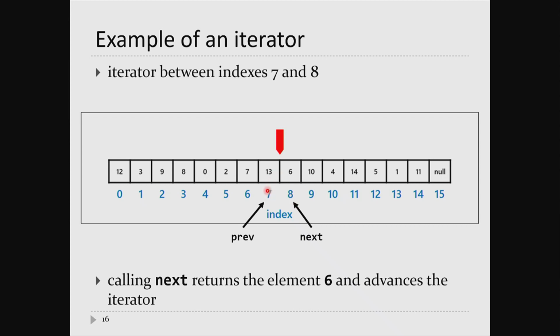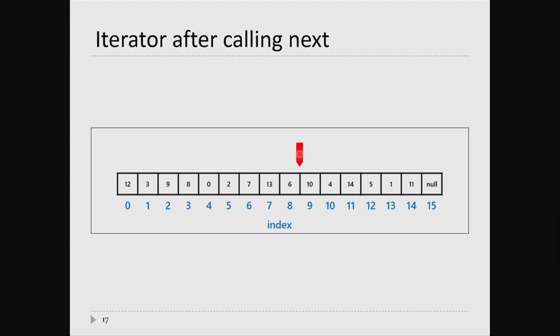So previous is the element that was previously returned by next, and next is the index of the element that will be returned by next. If I call next with this red iterator, it's going to return the 6, and it will move the iterator 1 to the right, so it sits between the 6 and the 10.